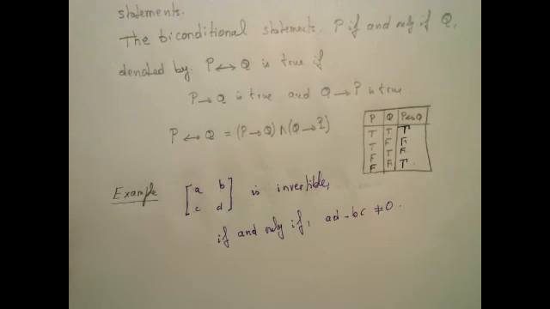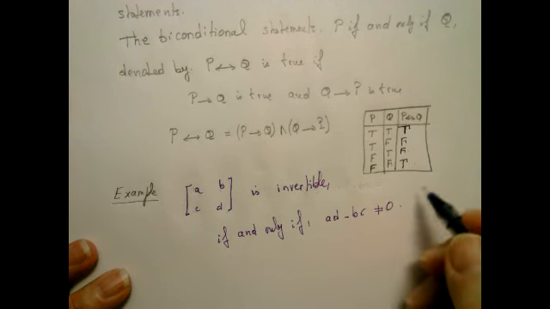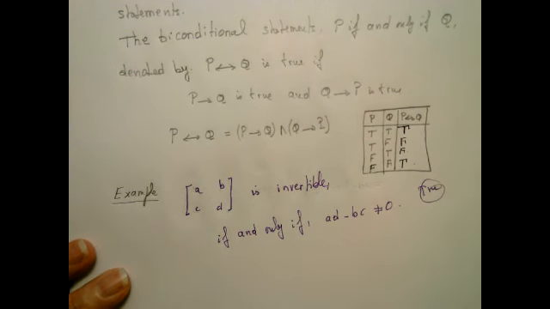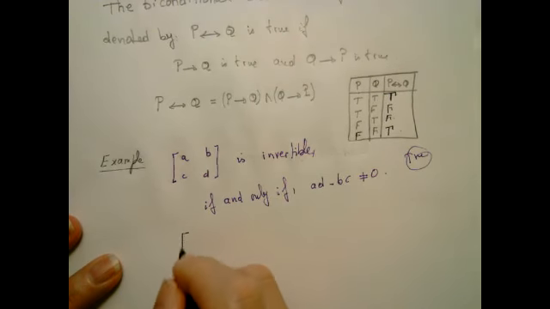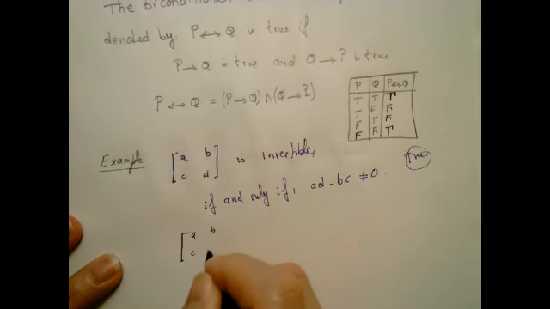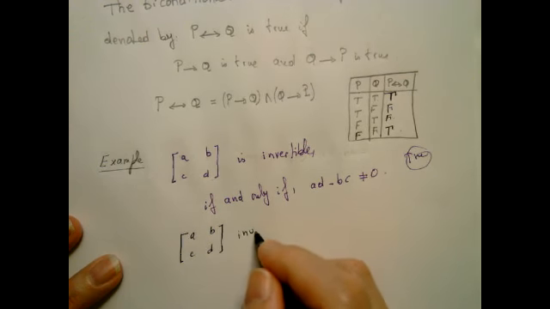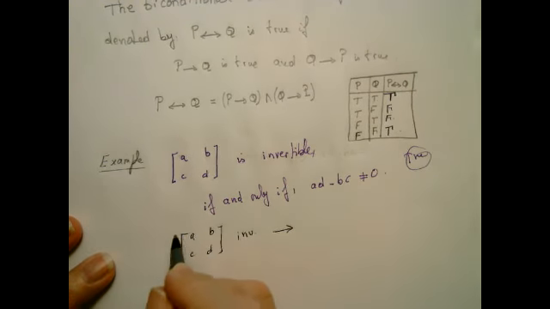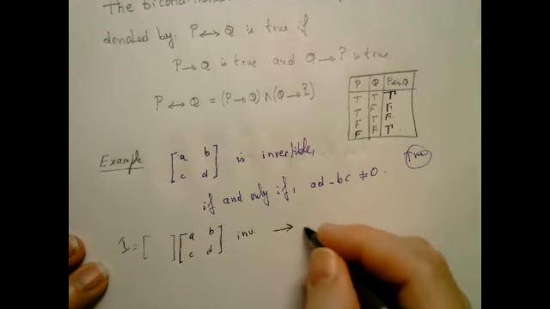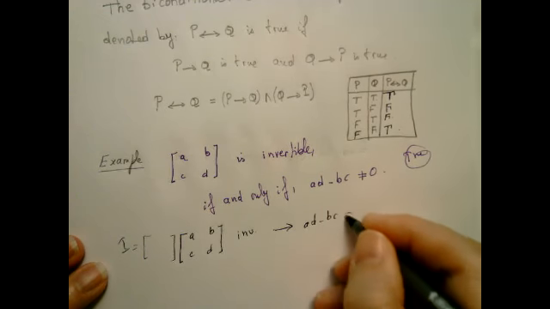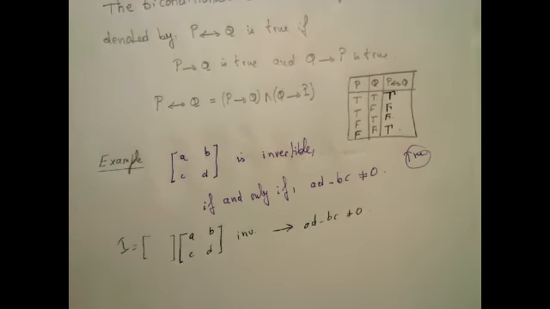What does this mean to us? I tell you that this is a true statement. It means two things to you. If I give you a matrix and I tell you it's invertible, meaning there is something you multiply it by to get the identity, then immediately you can deduce that the determinant is different from 0. So I give you a matrix, I tell you it's invertible, and you tell me immediately that the determinant is non-zero.